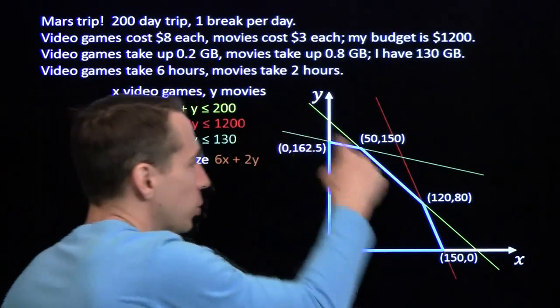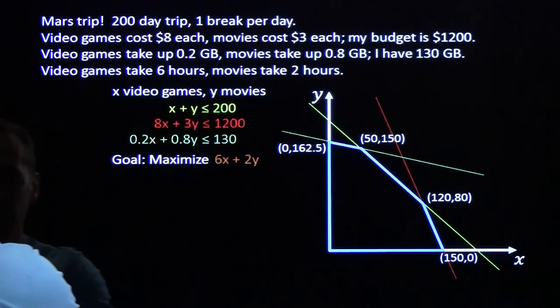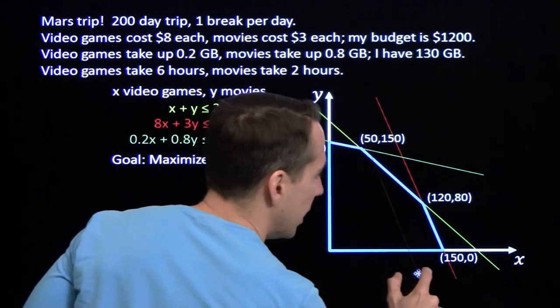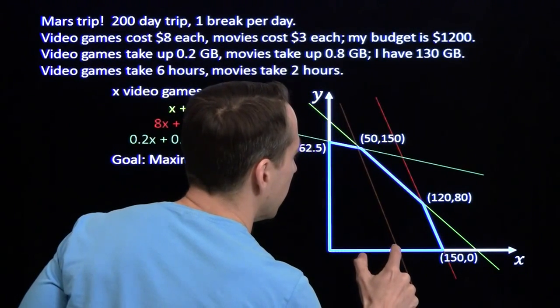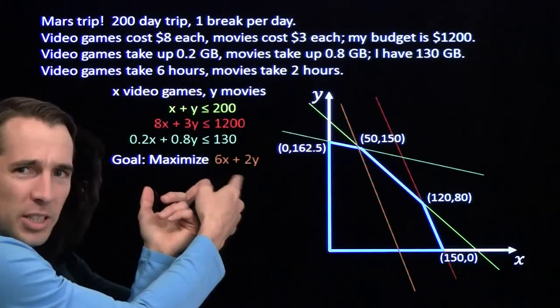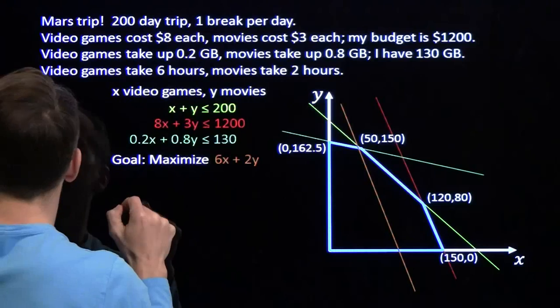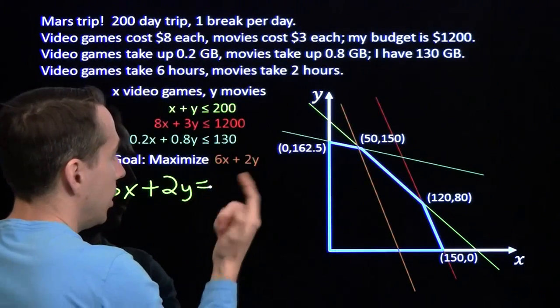And the same thing, we graph all this stuff, we get the allowable region here. Everything holds exactly the same, except here, instead of lines of slope -2, we're looking at lines of slope -3. Like this one, for example. The reason is what we're trying to maximize here is 6x plus 2y, so we're going to have equations like 6x plus 2y equals something.